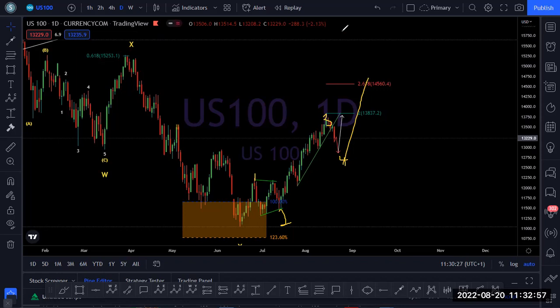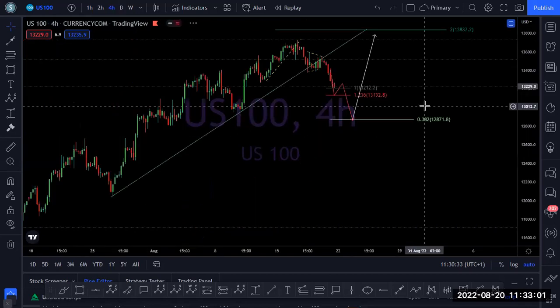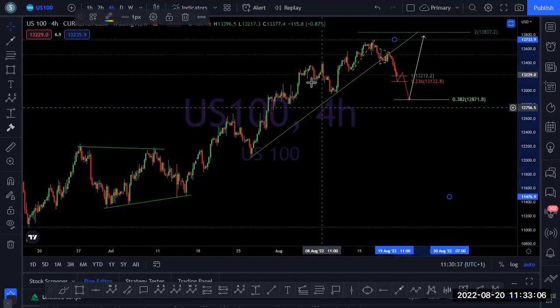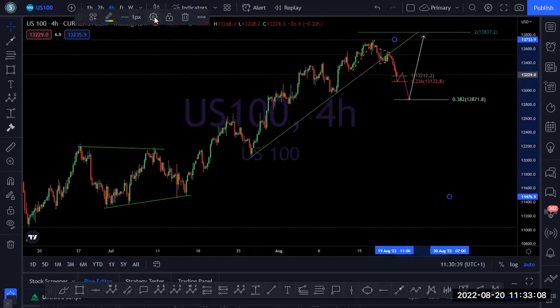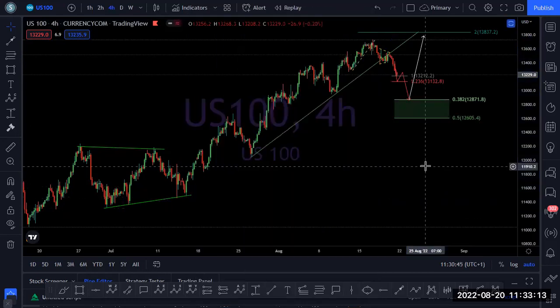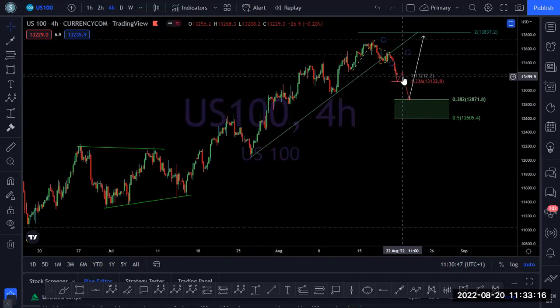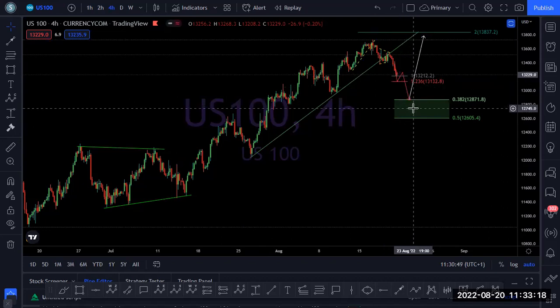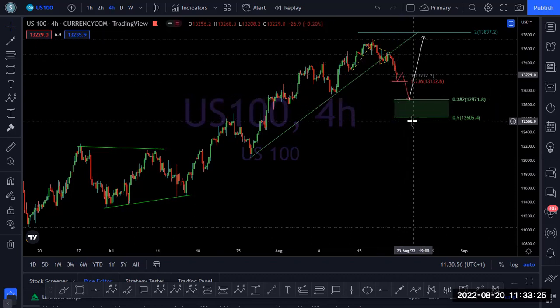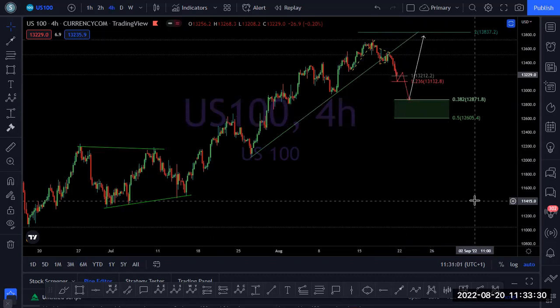Now, we have to focus on what we have on hand. Let's go to 4 hours. So on the 4 hours, I put this 38.2. Normally, wave 4 ends at 38.2 to 50%. So we look for how the market will move towards this level. But if the market keeps going swiftly, impulsively, and breaks this 50 level, then expect a correction and a lower move.